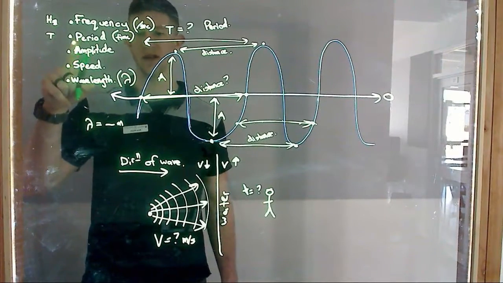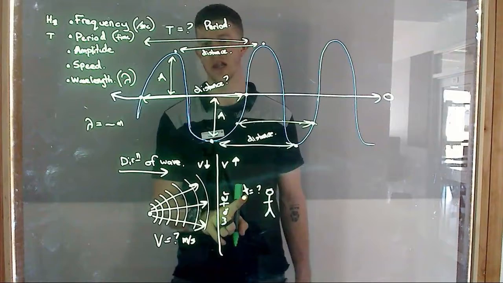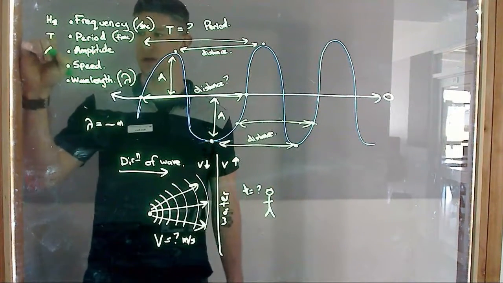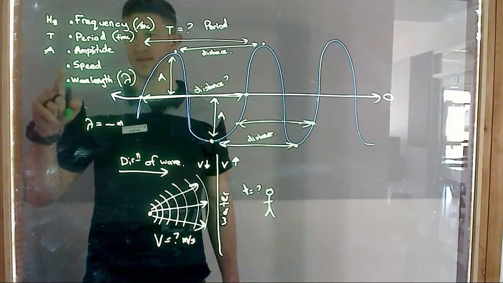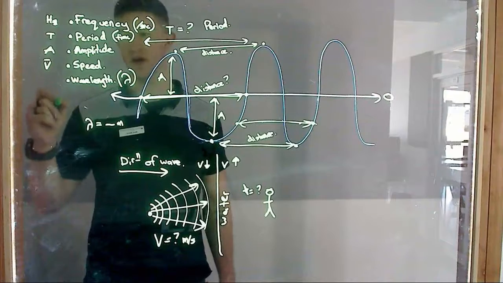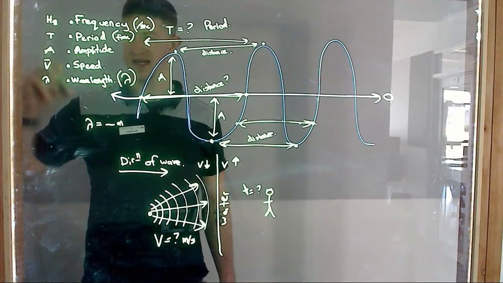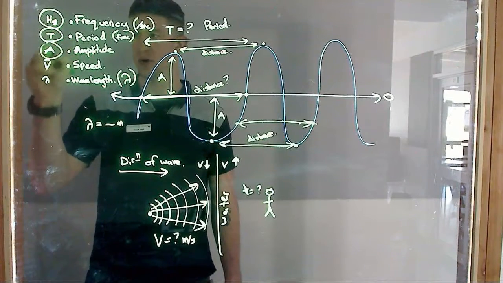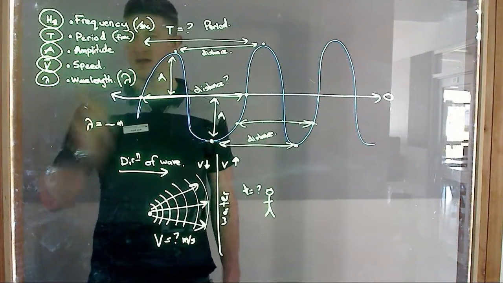Capital T tells us period, not to be confused with a lowercase t, which is just talking about a time in general. Amplitude, we use a capital A. Speed is just a velocity, so you can vector that if you want. And wavelength is our lambda. So these are our key components that make up waves.